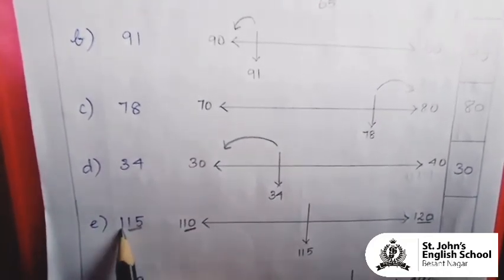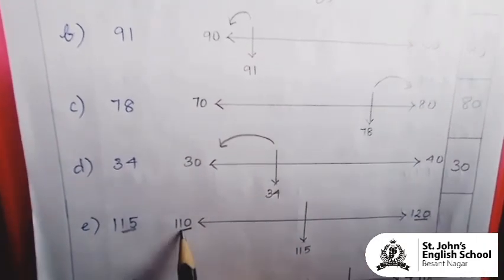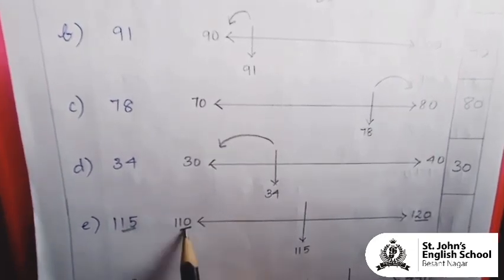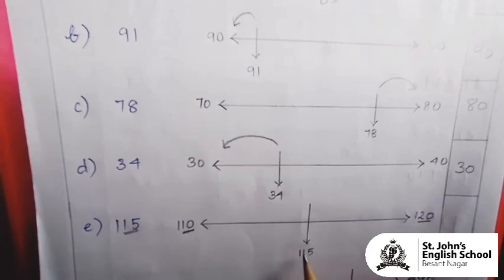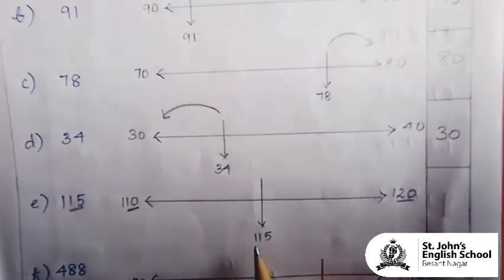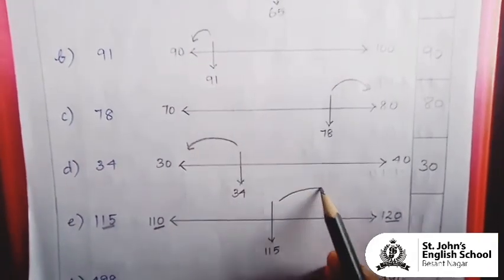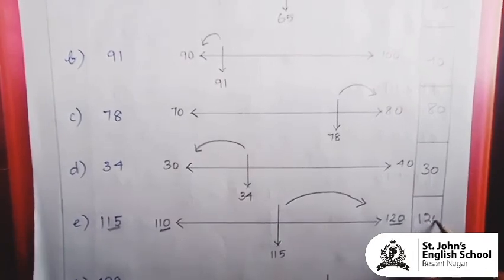This hundreds place will be 1. Only the tens place, this 15, is between 10 and 20. So 115, as we learned before, this 5 comes. 5 and more than 5 should go to the next number, that is 120.